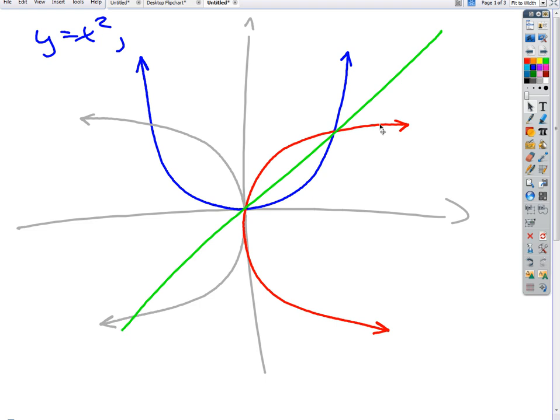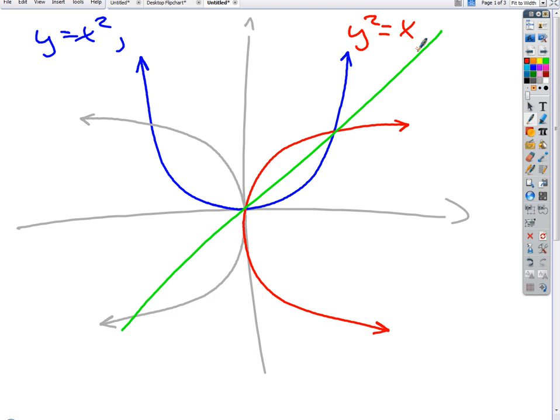Okay? If I flip the x's and y's, what do I end up with? X equals y squared. Or another way of saying that would be y squared equals x, right? Okay, so that is a sideways parabola.